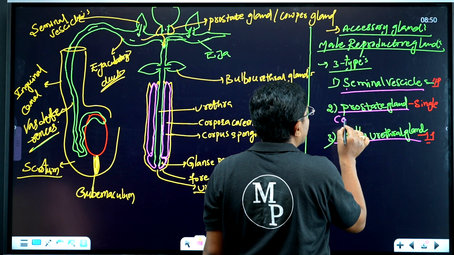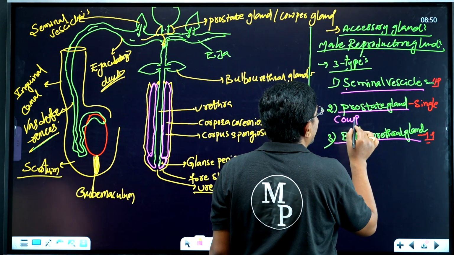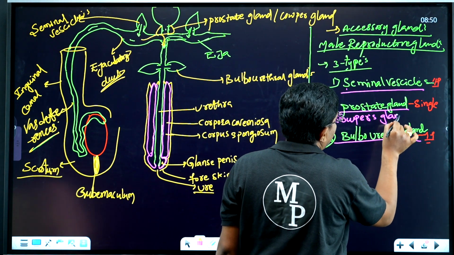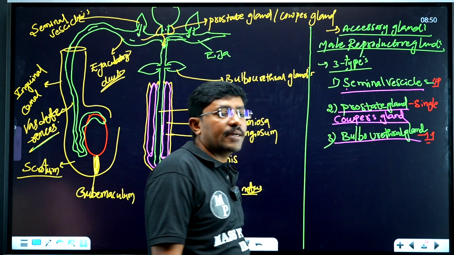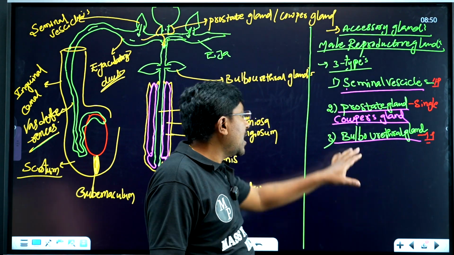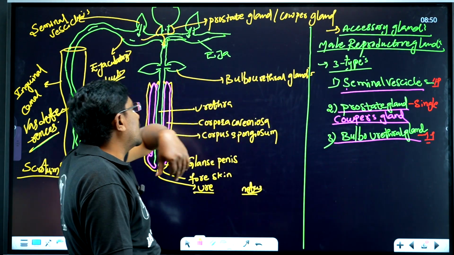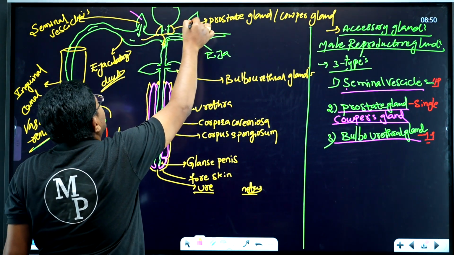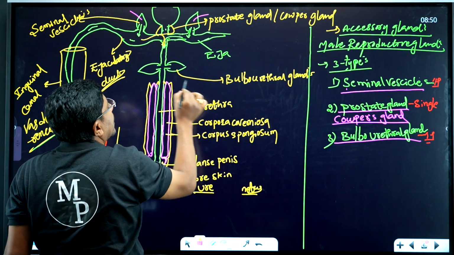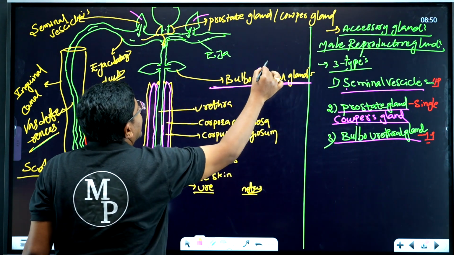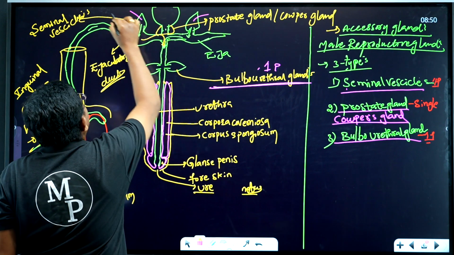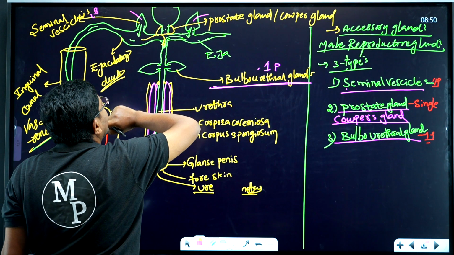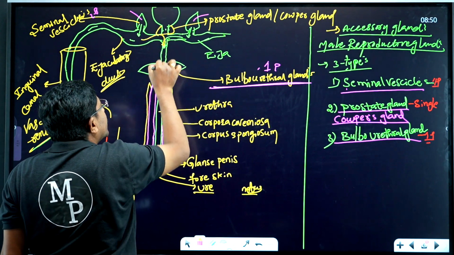It is also called by one more name, Cowper's gland. This is the unpaired gland. I'll show these three types of male reproductive glands in this picture. There is one pair of seminal vesicles, either side of the urinary bladder, and one pair of bulbourethral glands, either side of the urethra.